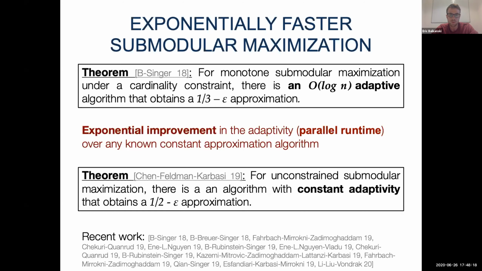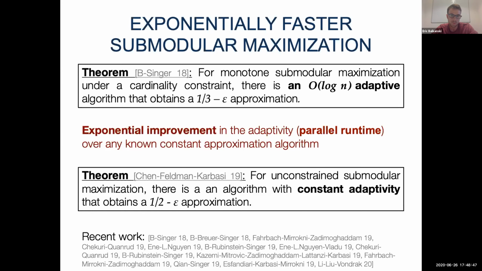Since all of the previous constant factor approximation algorithms for submodular maximization had at least linear adaptivity, this was an exponential improvement in the adaptivity, so the parallel runtime, compared to any previous constant factor approximation algorithm. And so this result started a very recent line of work on the adaptive complexity of submodular maximization.